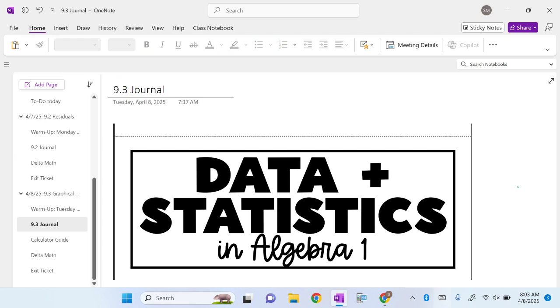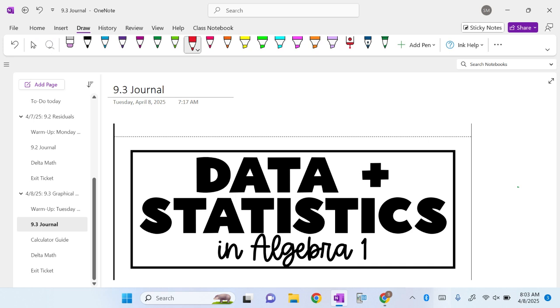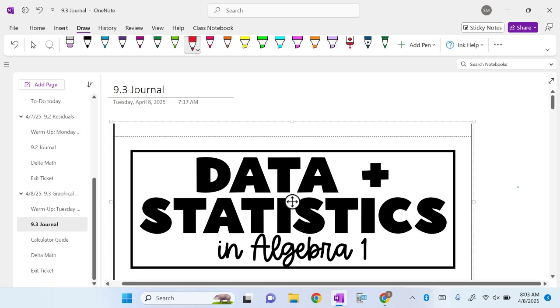All right. So first off, we got our I can statement. Just somewhere above the cover, this is section 9.3.